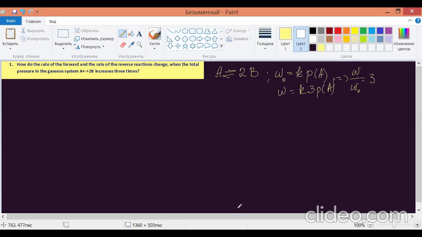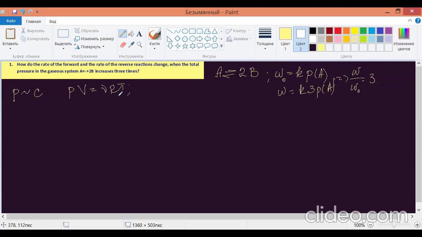I always say that a good chemist should be able to explain a chemical phenomenon with the help of physics. We can explain this by saying that pressure is proportional to the concentration of the substance. Why am I saying that? Because from the Mendeleev-Clapeyron equation, we can write this, right?